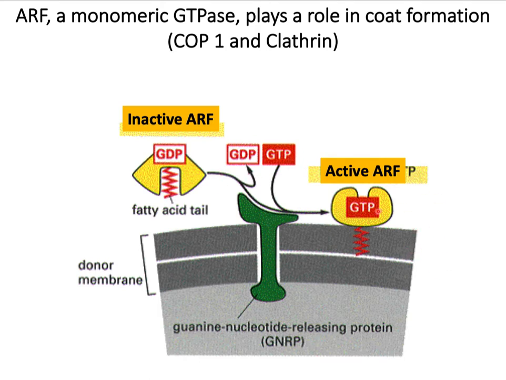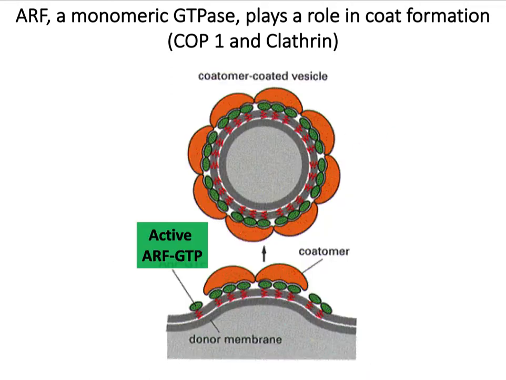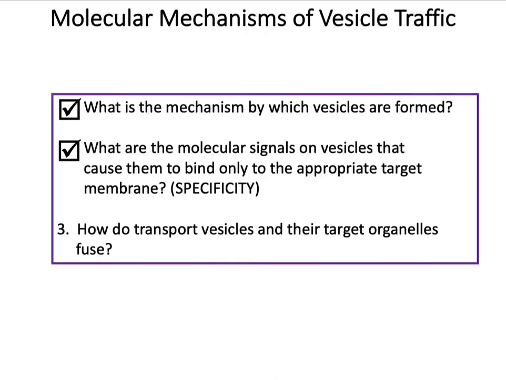This results in a conformational change and exposes the fatty acid tail, which can be buried into the phospholipid bilayer. And in doing so, ARF becomes bound to the membrane. So then the ARF, shown here in green, will attract the components of the COP1 coat or the clathrin coat, resulting in the formation of coatomer-coated vesicles or clathrin-coated vesicles.